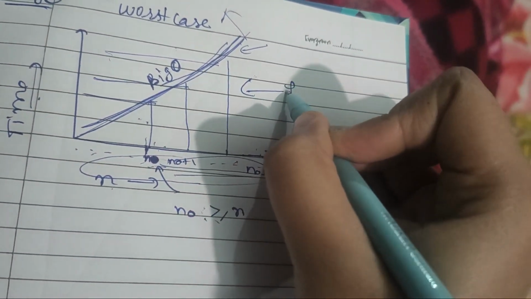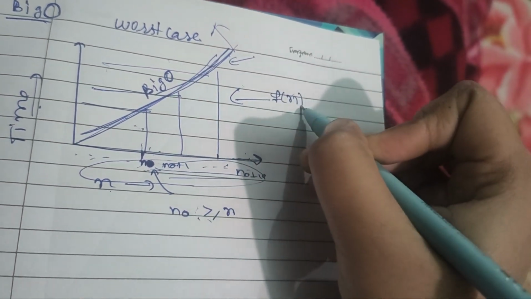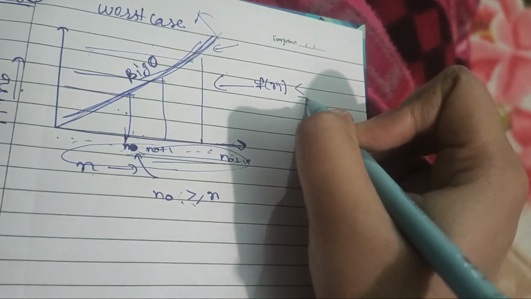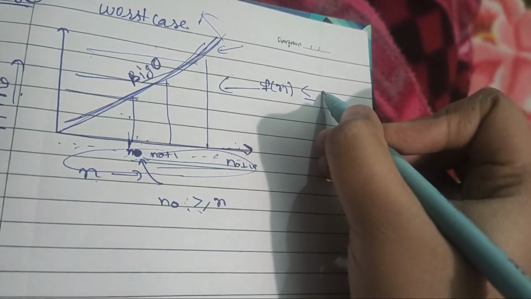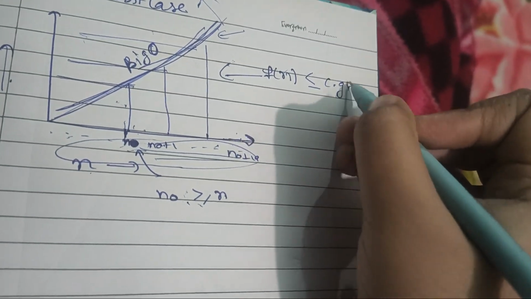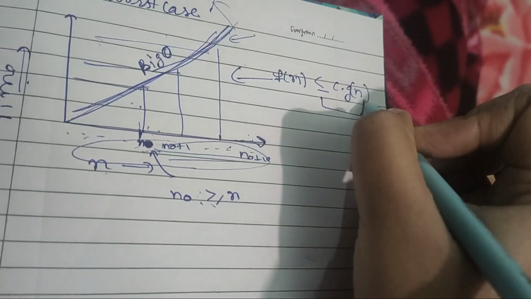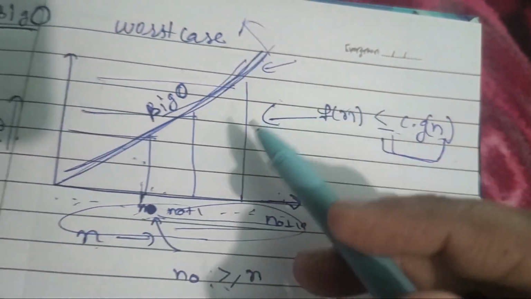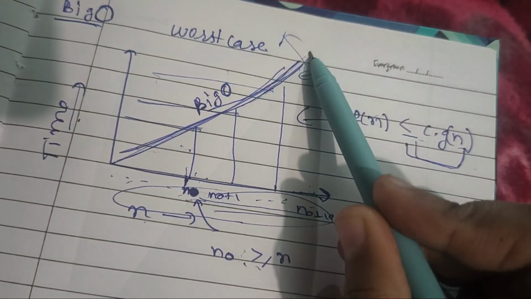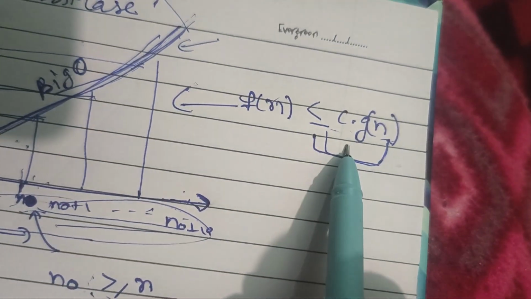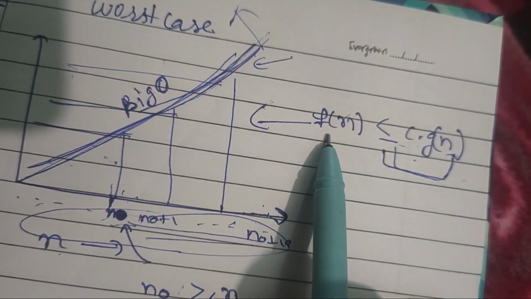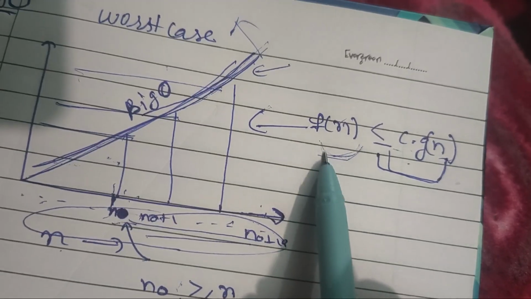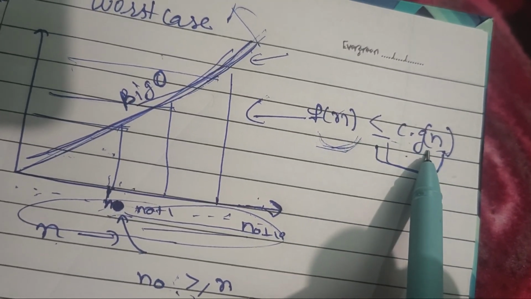So basically our f(n) will always be inside or under the upper bound, or equivalent to the upper bound. The upper bound we write as c·g(n), and our function will always be under c·g(n) or equivalent to it.